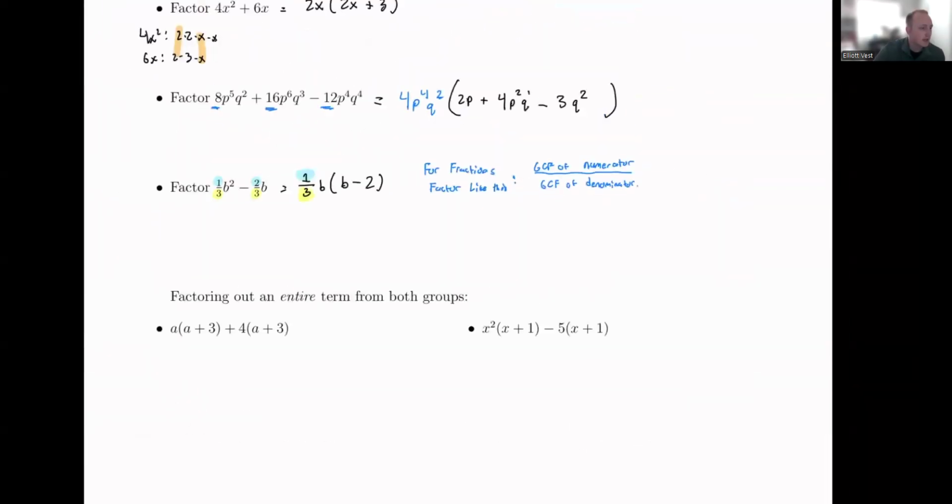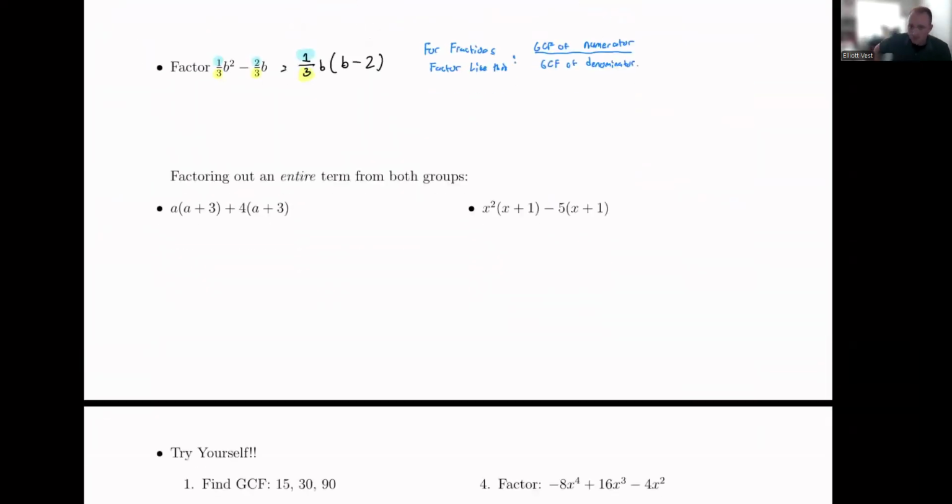And okay, let's look at what we have here. All right, so we'll do these last two problems here, where we're factoring out an entire term from both groups.